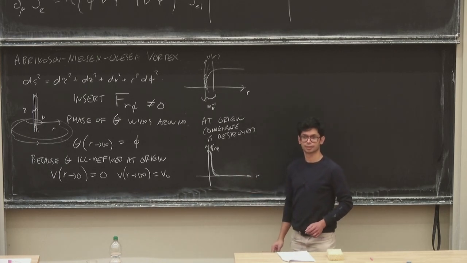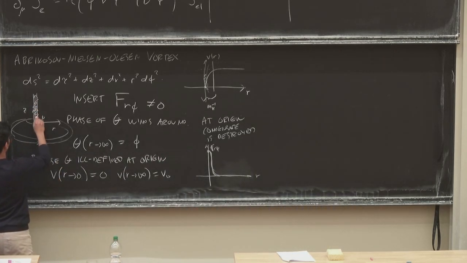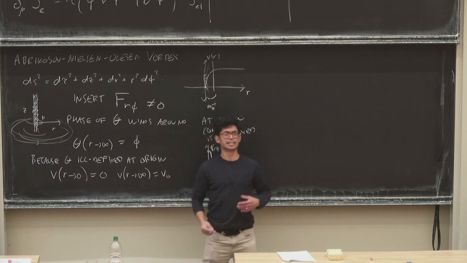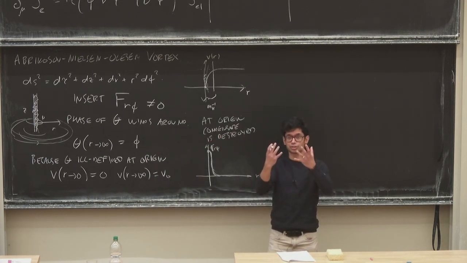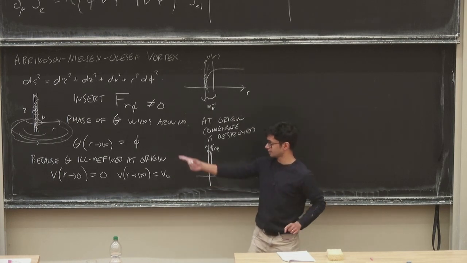Okay? So this is a configuration where you have magnetic field at the core of the vortex, and then no magnetic field out the rest of the time. Okay? This is called the Abrikosov-Nielsen-Olesen vortex. This actually happens. You take a real-life superconductor and put a magnetic field into it, it forms a vortex lattice where each of the things in the lattice is this.